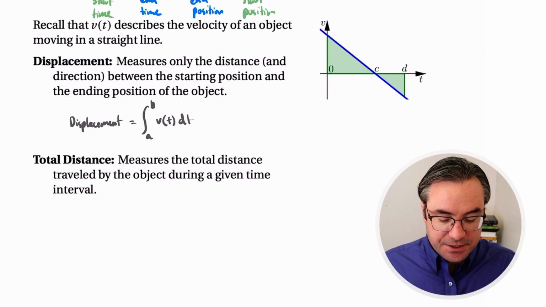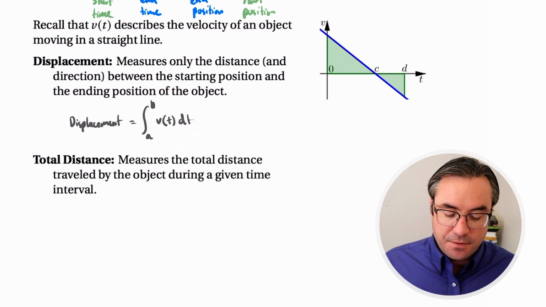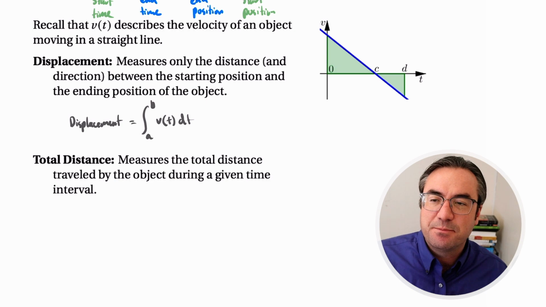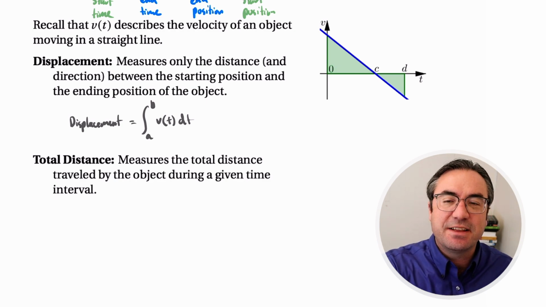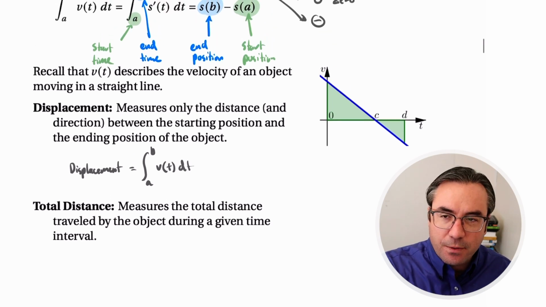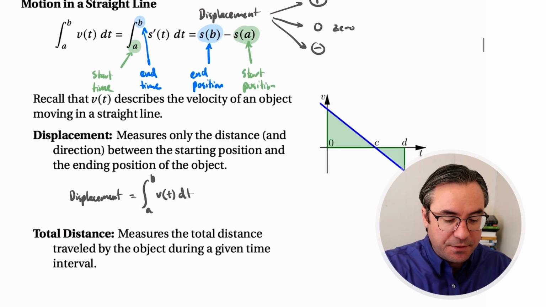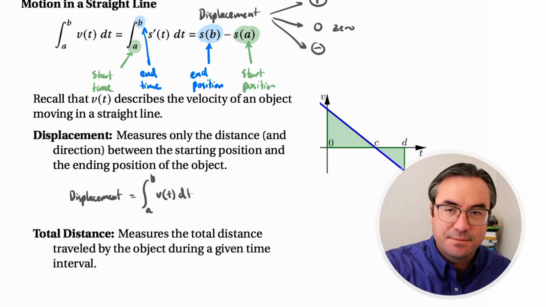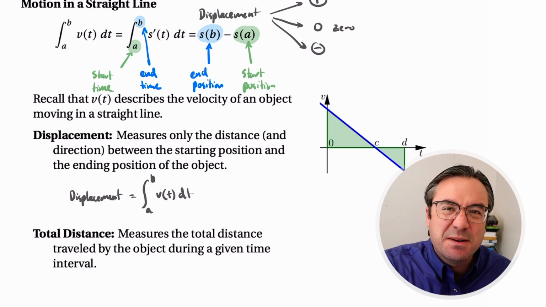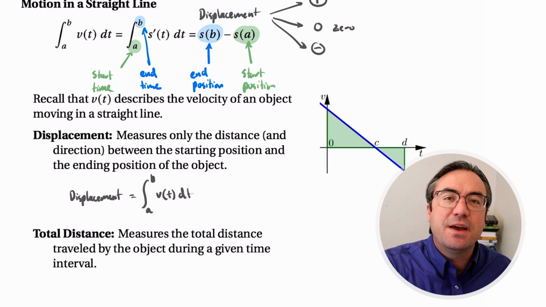Now, the question is, integrating our velocity function gives us displacement, but it doesn't tell us exactly how far our object's moved. Our object's moving around, and it's possible with displacement that you could end up with zero displacement. And that doesn't fully convey the whole story.